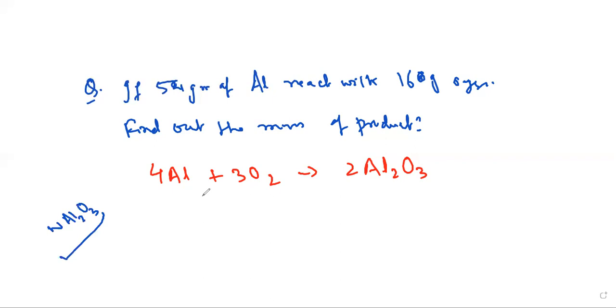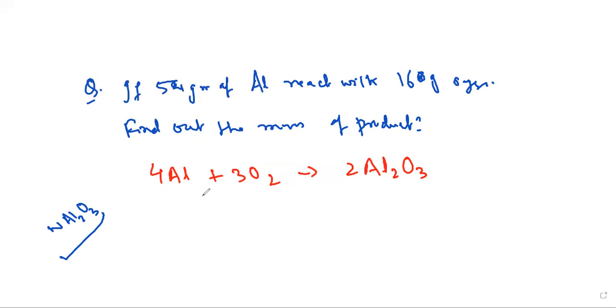Thirty-two. Ma'am, 1 mole of Al2O3 is formed, which is, ma'am, what's the atomic mass?